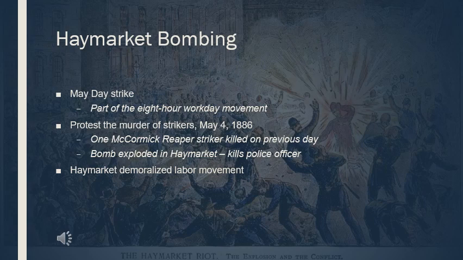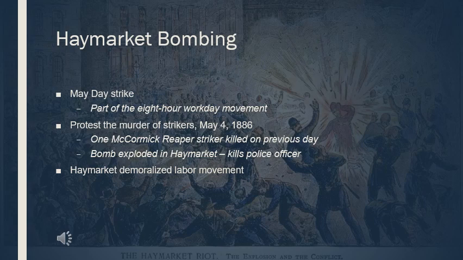The other reason why it was controversial is that these 8 individuals were sort of chosen because they were the most likely to be suspected because of their political ties to the anarchist movement and because they were all immigrants. Several of them didn't even speak English.